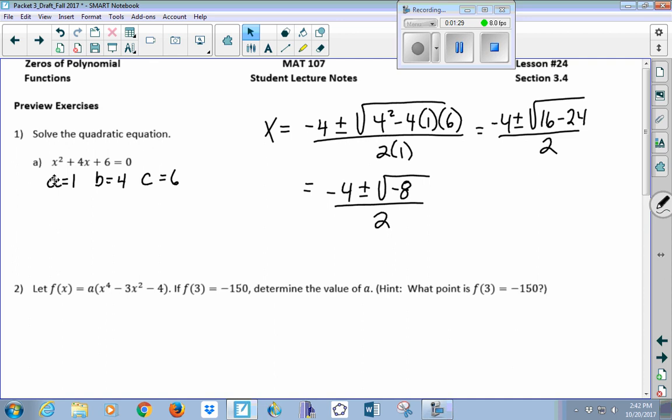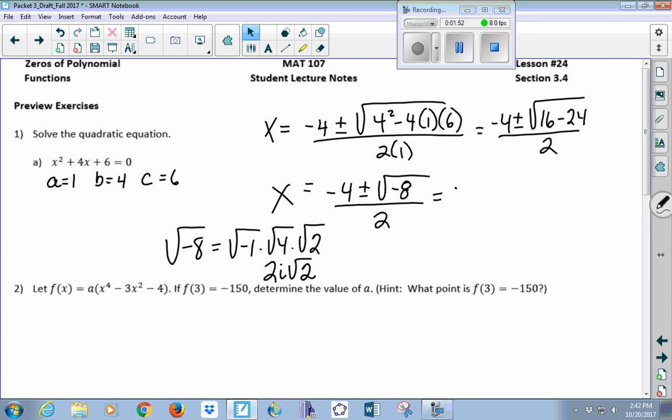So this means I'm going to have complex imaginary numbers for my solutions for x. So let's simplify the square root of negative 8, which is the square root of negative 1 times the square root of 4 times the square root of 2. So this gives me 2i times the square root of 2.